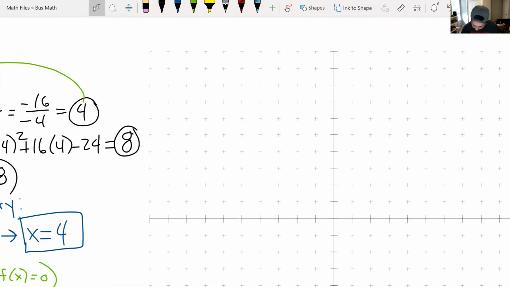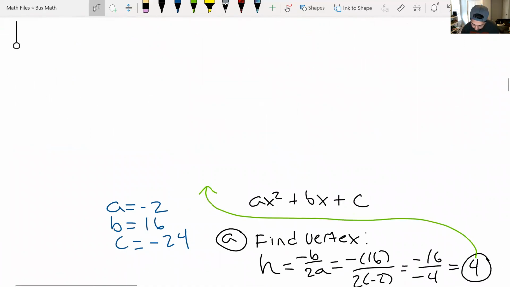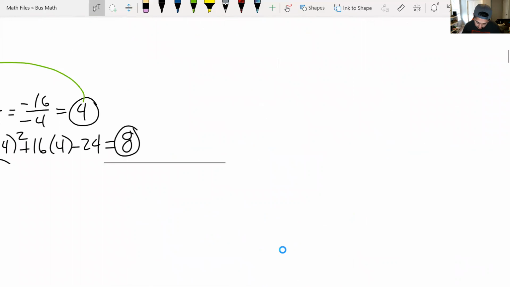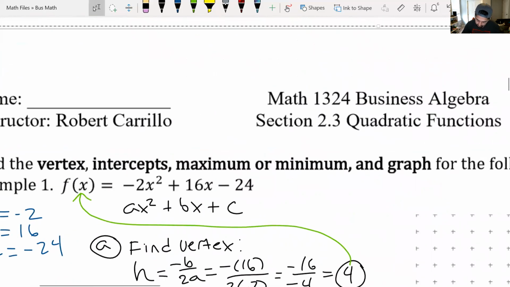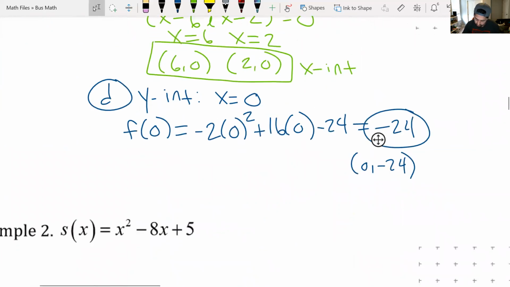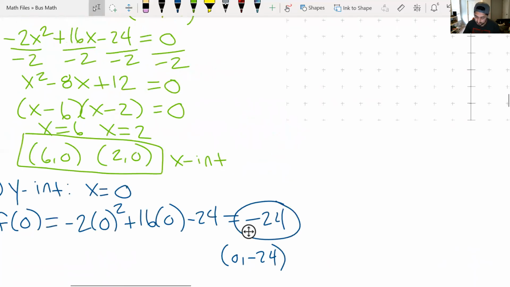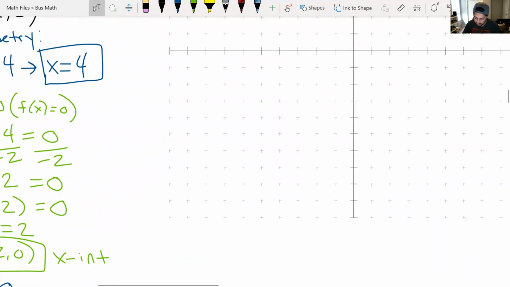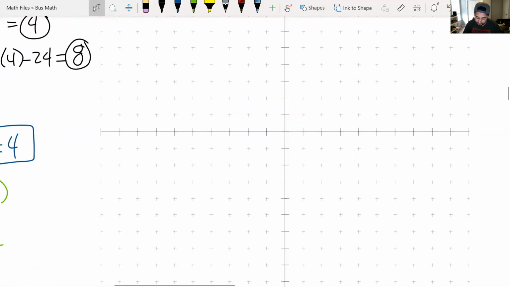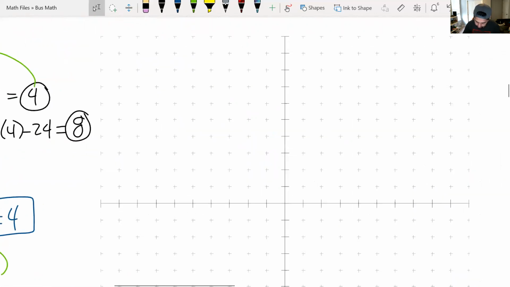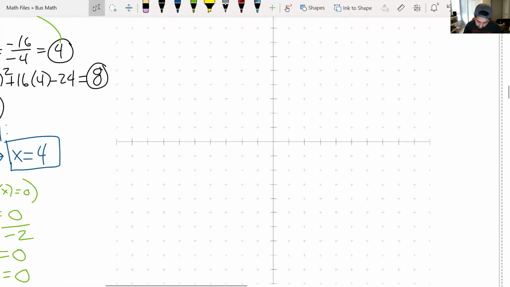So we can just go by 4s. Let me see, 4, 8, 12, 16, 20. So we'll go by 4s. So here we go.